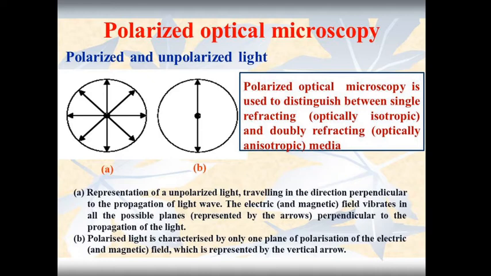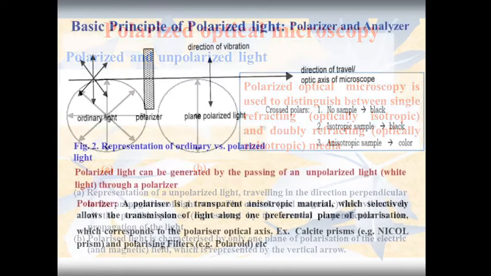This is the unpolarized light, and this is the polarized light. We can see that the vibration of the light wave is confined to one direction, while in unpolarized light it vibrates in all possible directions.